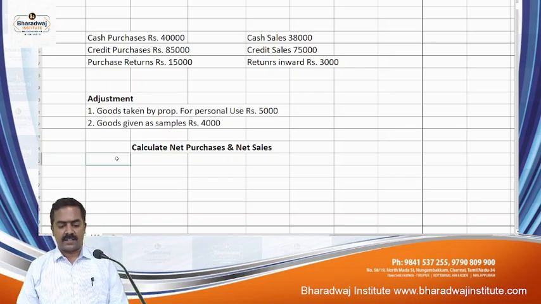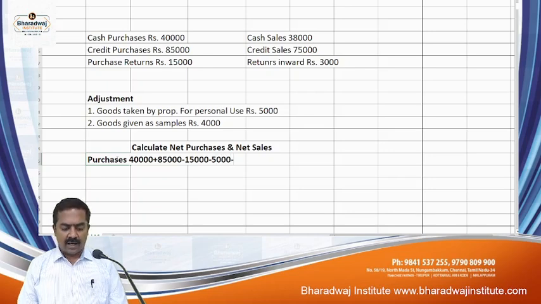How to work out purchases? Cash purchases plus credit purchases minus returns of 15,000, minus goods taken by proprietor for personal use and goods given as samples, both will be eliminated.